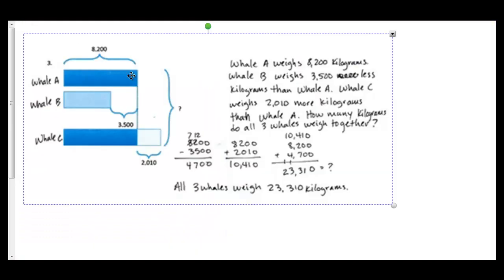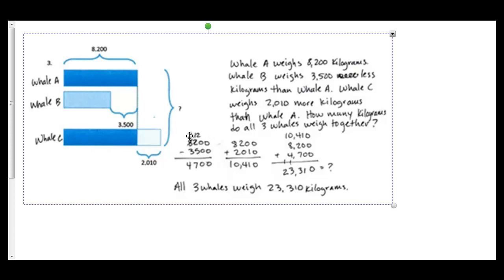Okay, so this is one way that you could have written this problem. I said whale A weighs 8,200 kilograms. Whale B weighs 3,500 kilograms less than whale A. And whale C weighs 2,010 kilograms more than whale A. How many kilograms do all 3 whales weigh together?